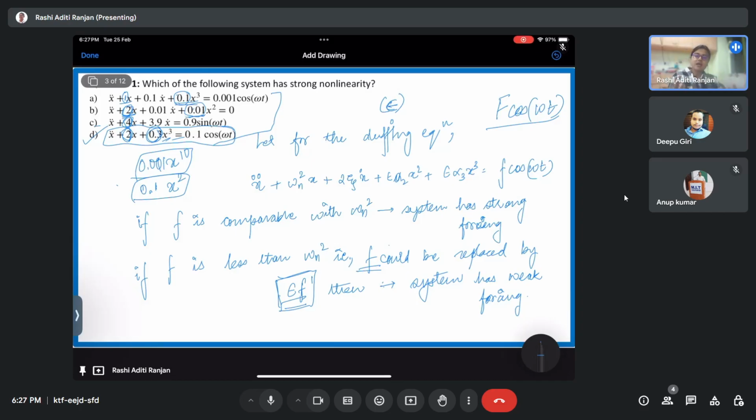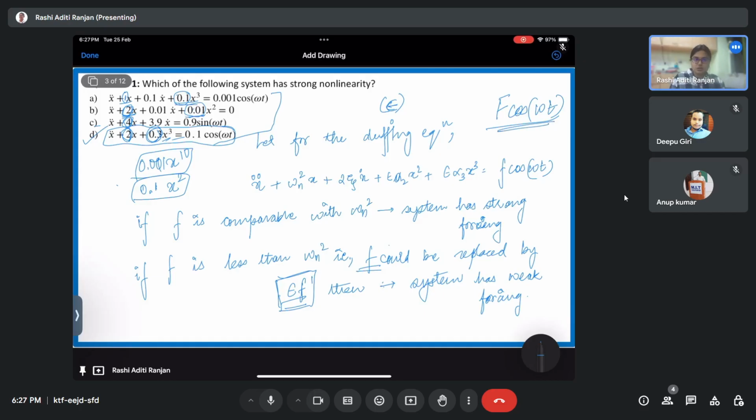So that is why we should always keep in mind that strong or weak nonlinearity should always be given on the basis of comparison with a similar kind of equation. However, there is no such thing with the forcing term, because the forcing is always written in this form, right?